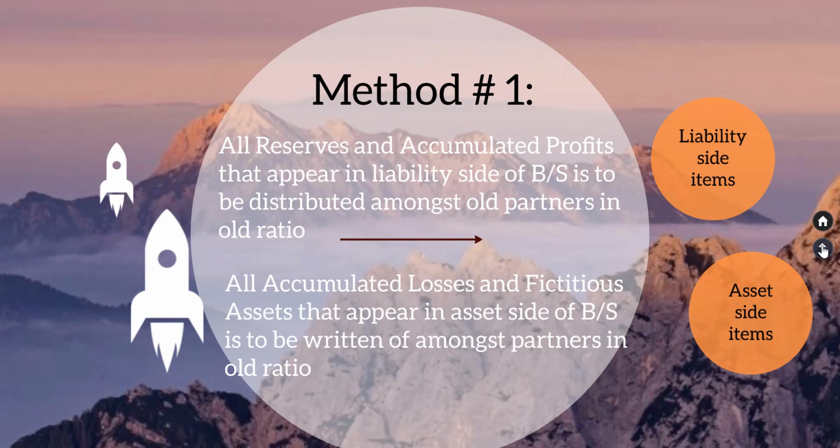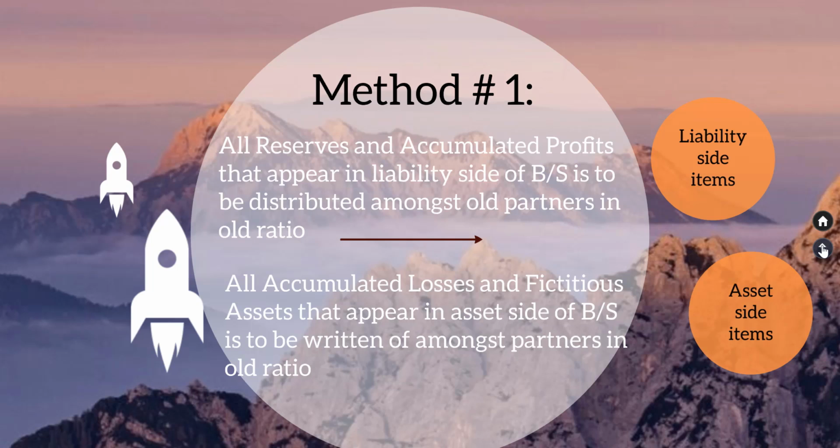Now a small tip for us to remember the journal entries. If we recall, we said method 1 was to be used when the reserves and accumulated profits and losses and fictitious assets should not appear in the reconstituted balance sheet.